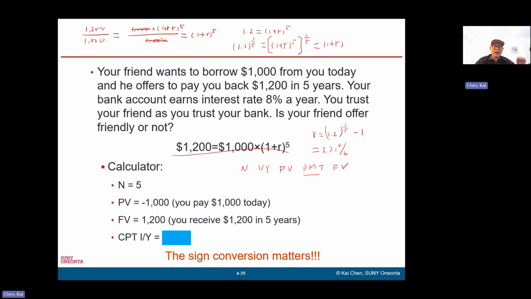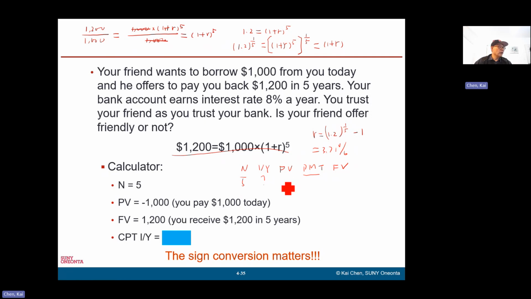I just briefly show you how to assign the value to keys, and then find out what we want. In this case we know N, we know PV, we know the FV. We want to find out I over Y, right? N is 5. I over Y is what we are looking for.